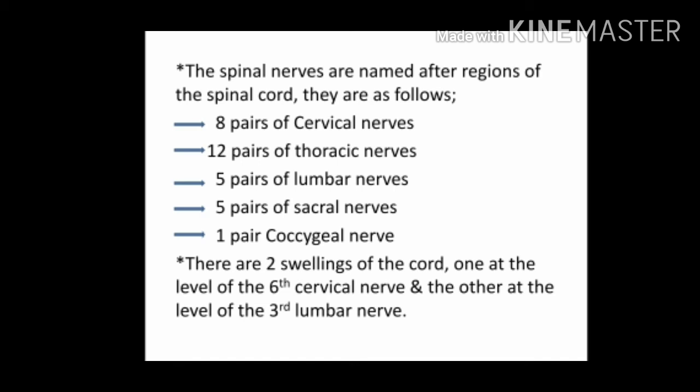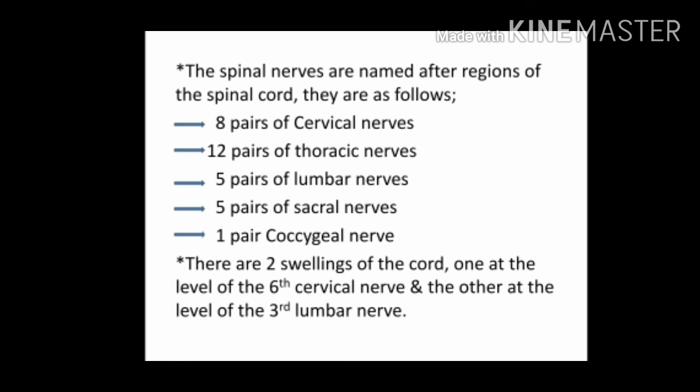We have 5 parts, and the pairs passing through the cervical portion, they are totally 8, known as cervical nerves. And those passing in the chest region are known as thoracic nerves. Similarly, we have lumbar nerves, which are 5 in number, then 5 pairs of sacral nerves, and 1 pair of coccygeal nerve.